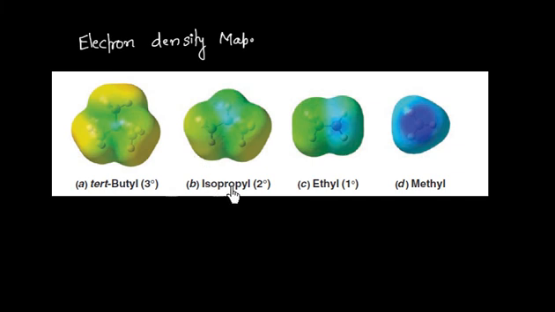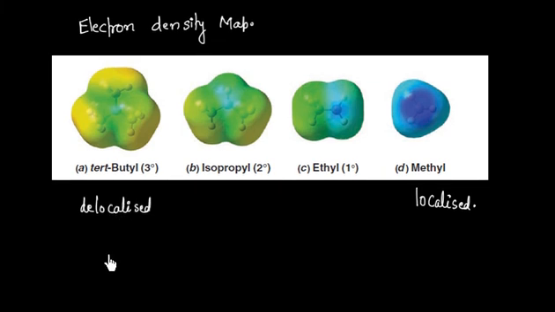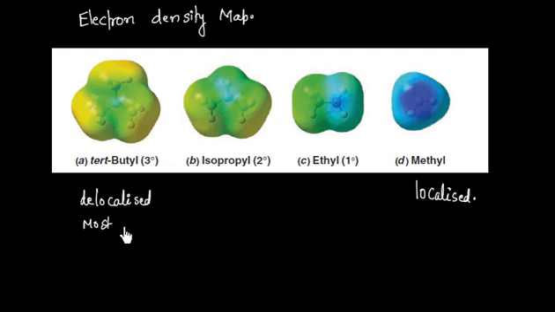But if you see isopropyl, that is 2 degree, the electron cloud is slightly localized. In case of ethyl, the electron cloud is more localized. In case of methyl carbocation, the electron cloud is highly localized. But in case of tert butyl, the electron cloud is delocalized. So this is most stable, and this one is localized, so this is least stable.